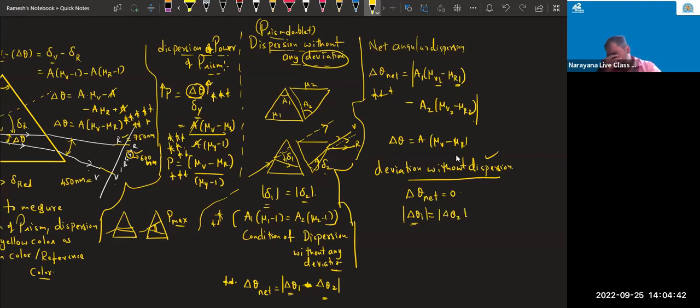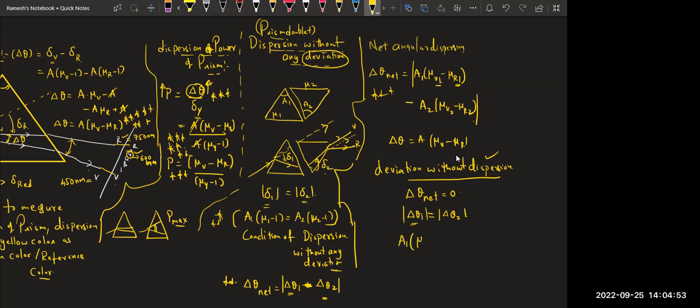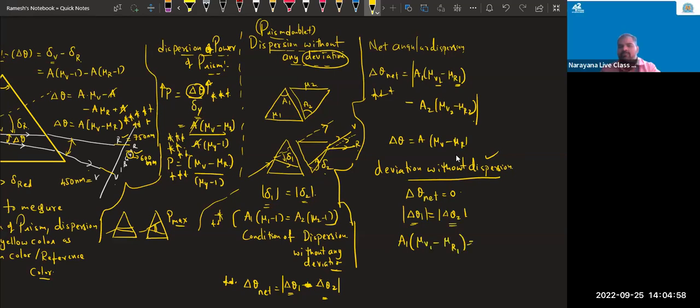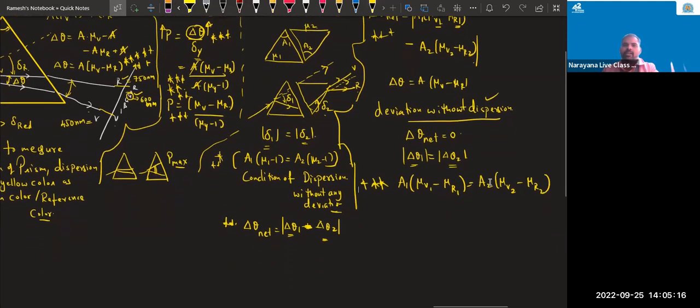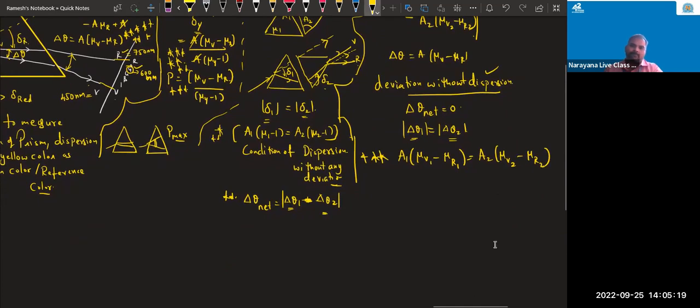Angular dispersion of the first prism is A1 into mu V1 minus mu R1, and the second prism is A2 into mu V2 minus mu R2. This is called the condition of deviation without dispersion. Means net dispersion is 0. Incident light is white light, emerging light is also white light, na? Yes or no?